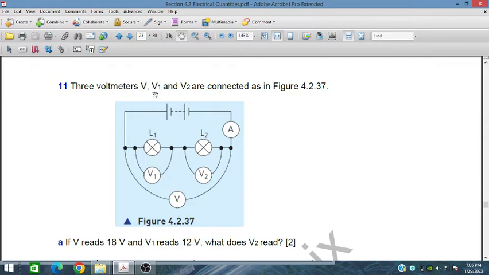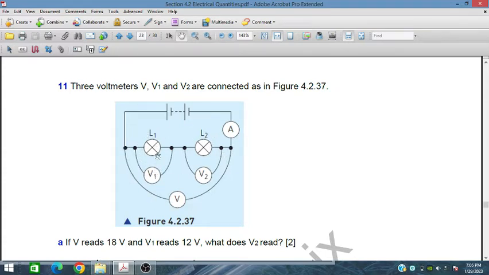The 3 voltmeters V, V1 and V2 are connected as shown in figure 4.237. So this is voltmeter 1, 2, and this is the voltmeter here. This is the ammeter. If V reads 18 volts and V1 reads 12 volts, these two lamps are in series, so the voltage across both lamps is 18 volts.